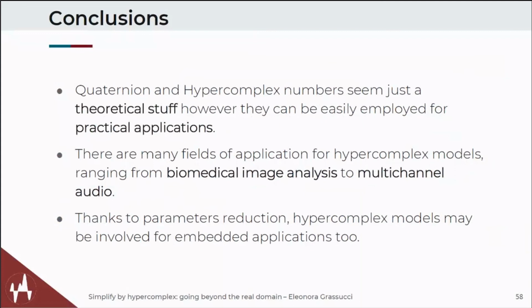But indeed, they can be easily and effectively employed in practical applications. For example, we have seen that we can process natural images, biomedical images, and multi-channel audio, and we are working on other things too.